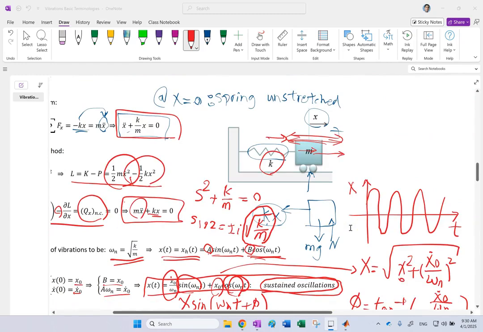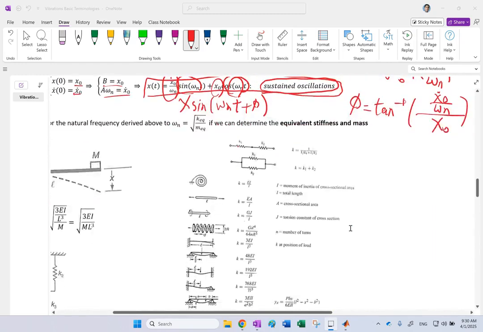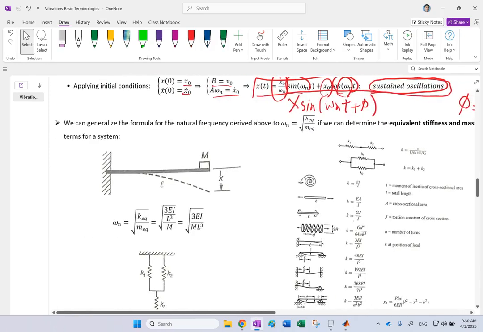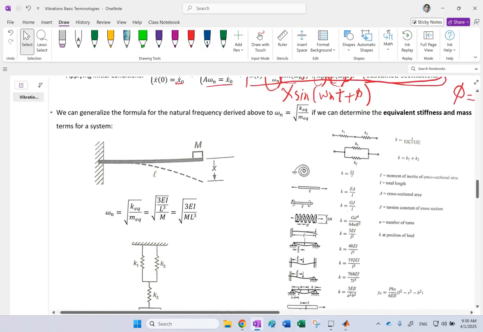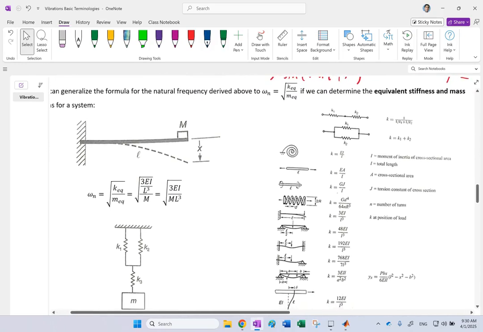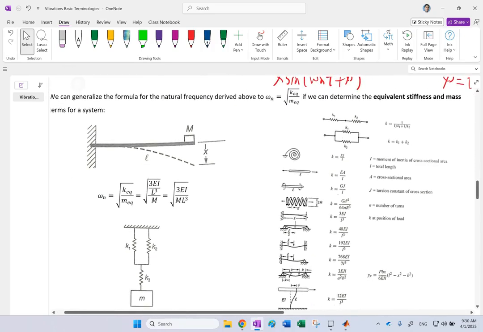Now here I want to show you a couple of more advanced examples for single DOF systems that can be more interesting to you.